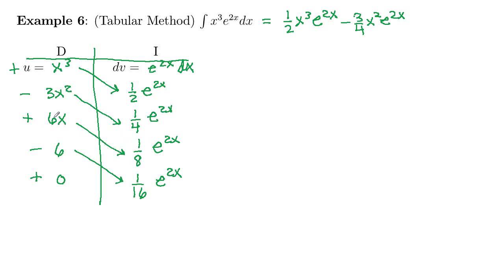so, let's see, 6/8, a 2 will cancel between the 8 and the 6 and give us 3/4, so that's going to be 3/4 x, so plus 3/4 x e to the 2x. And then the last one, minus 6 over 16, which is 3/8 reduced, so minus 3/8 e to the 2x.